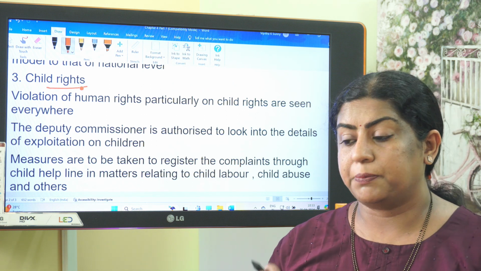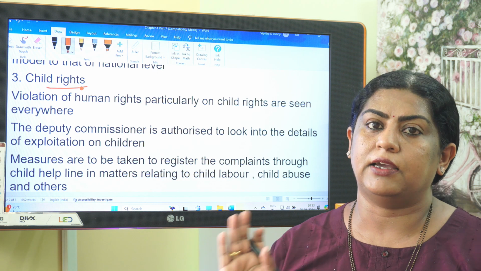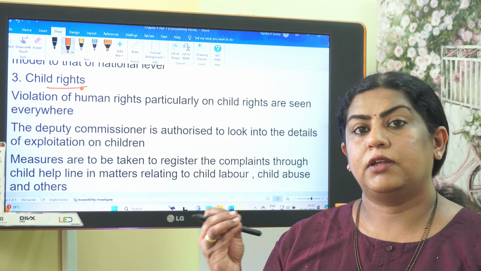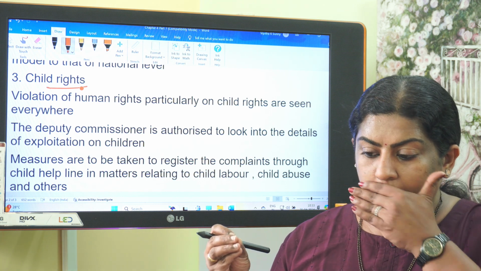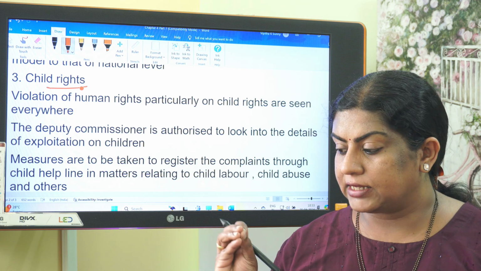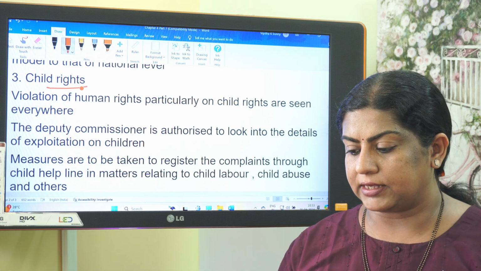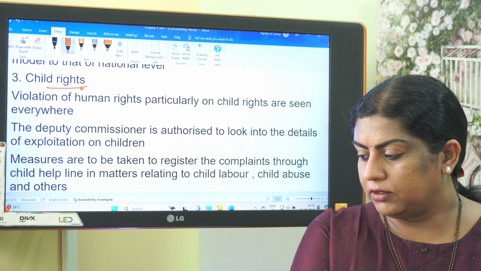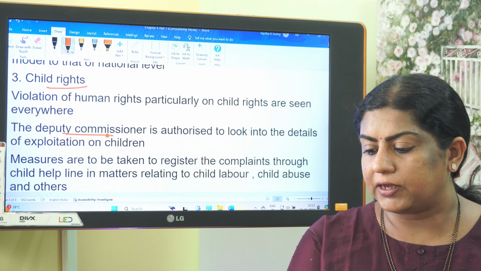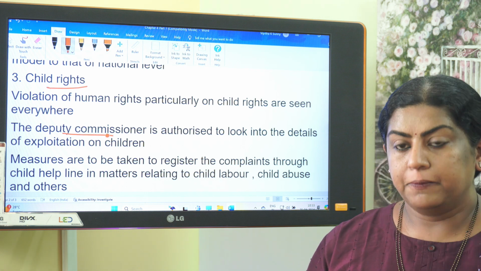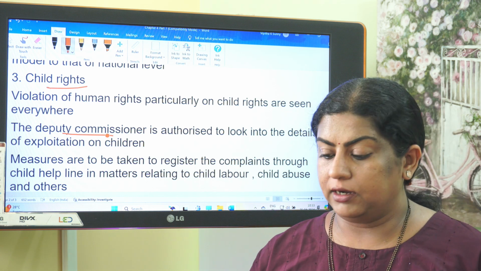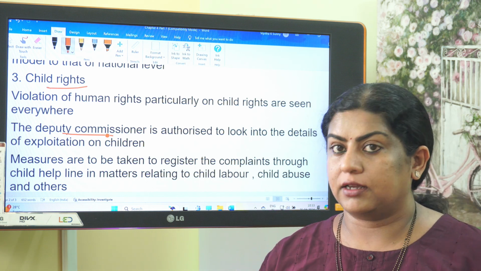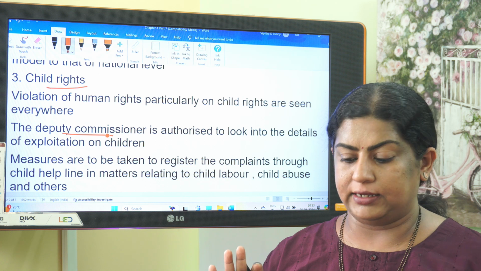Now next is child rights. Violation of human rights, particularly of child rights, is seen everywhere. Especially when it comes to child labor, these violations are seen in many places. The Deputy Commissioner is authorized to look into the details of exploitation of children.